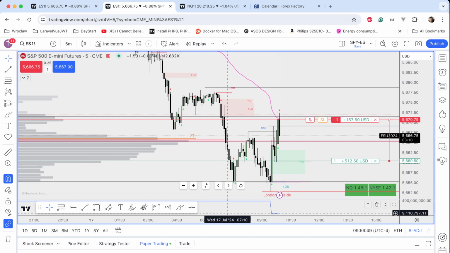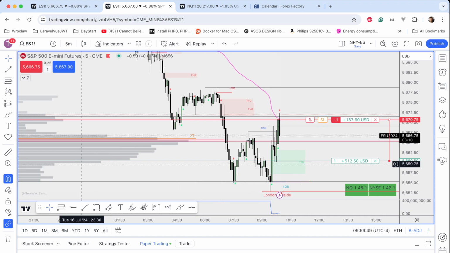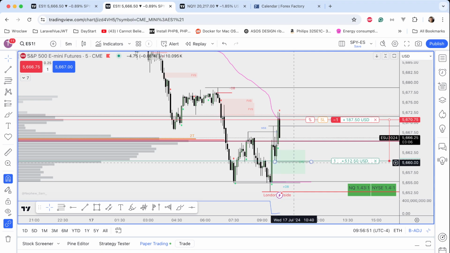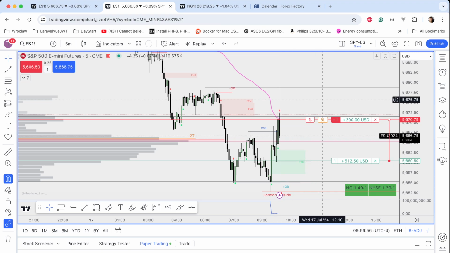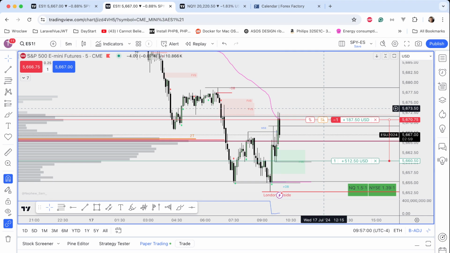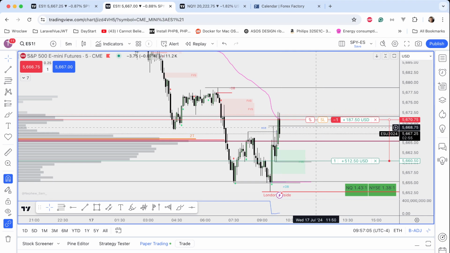Liquidity is here. I like this volume. Here's liquidity. Market should get down there. So yeah. Stop loss. Now we can put stop loss.